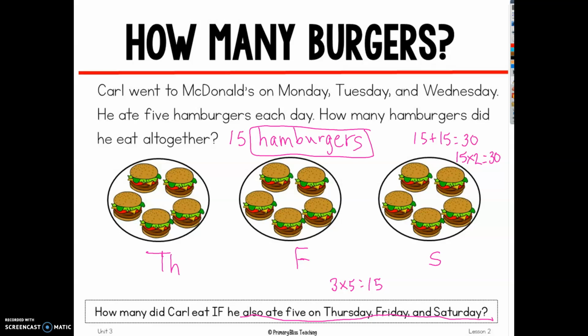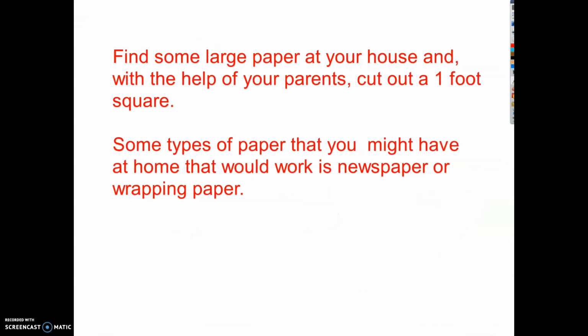Please go and get your whiteboard marker and eraser. What I would like you to do now is find some large paper somewhere in your house, and with the help of your parents, cut out a 1-foot square, meaning each side of the square needs to be 1 foot or 1 ruler length, 12 inches long.